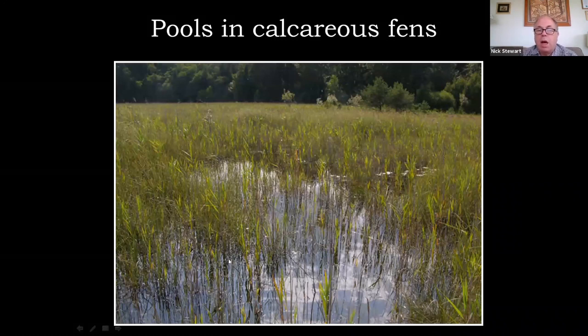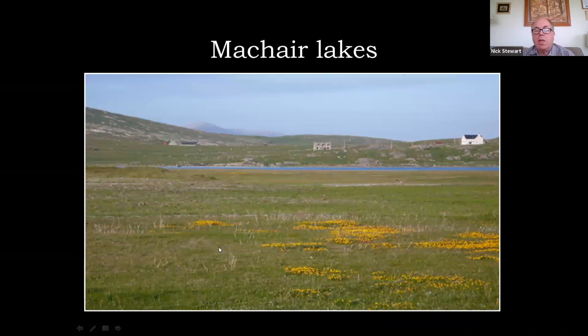Machair lakes are particularly a feature of Western Ireland and Western Scotland. And what you have here is calcareous sand built up against what are usually quite acid rocks of the main body of the land.